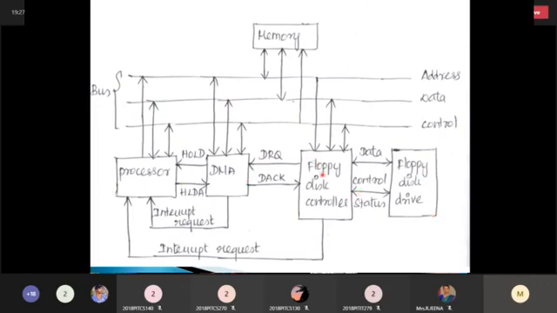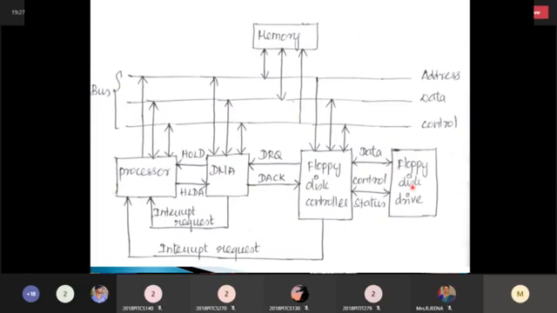See here, when I'm getting the data from the floppy disk drive using this floppy disk controller, it will give a data request to the DMA, direct memory access, and that will be sent to the processor. When it is received, the processor sends the acknowledgement to the DMA, and the DMA gives the data acknowledgement to the floppy disk controller.